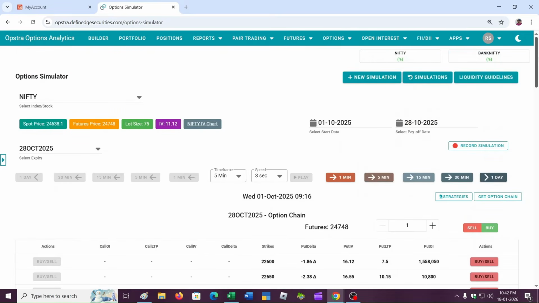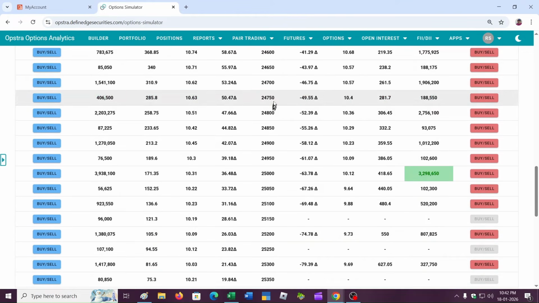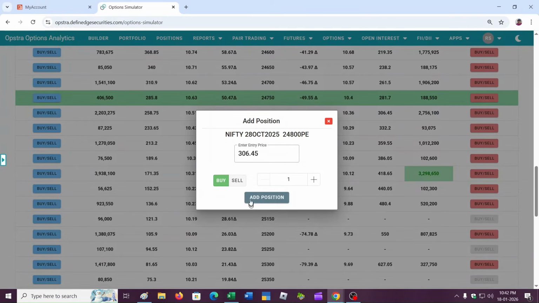The position is 24,600 somewhere there. 24,750 is the at the money. So we will go to the round figure, which is 24,800, the nearest one. Sell a put and sell a call.